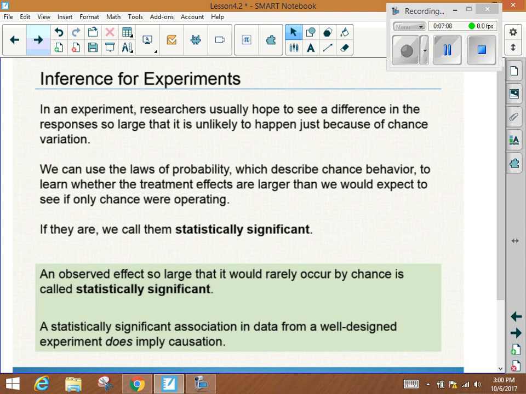We would love, if we were hoping for our hypothesis to be true, that there's enough of a difference in our experiment group from our control group to say that the results of our treatment were statistically significant.